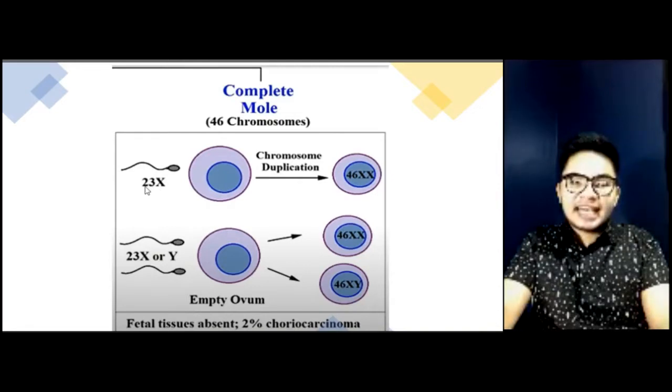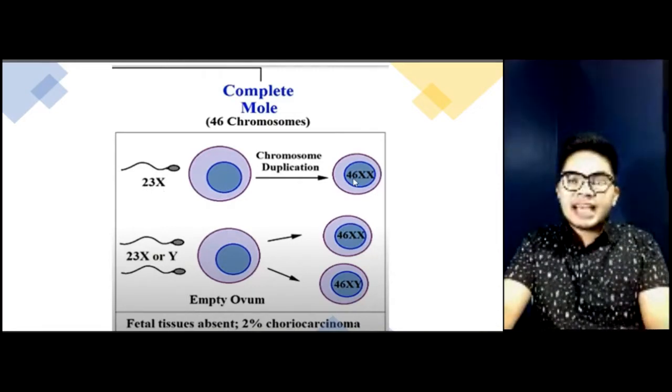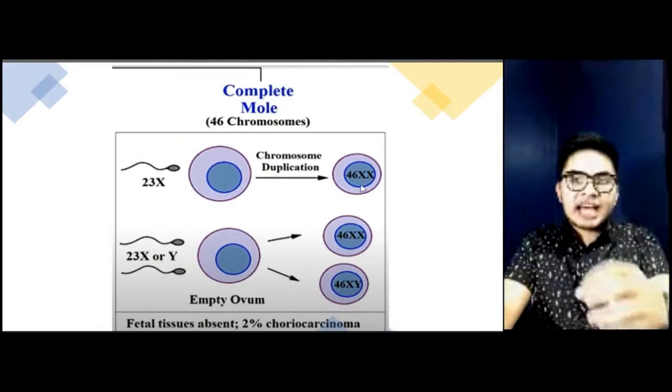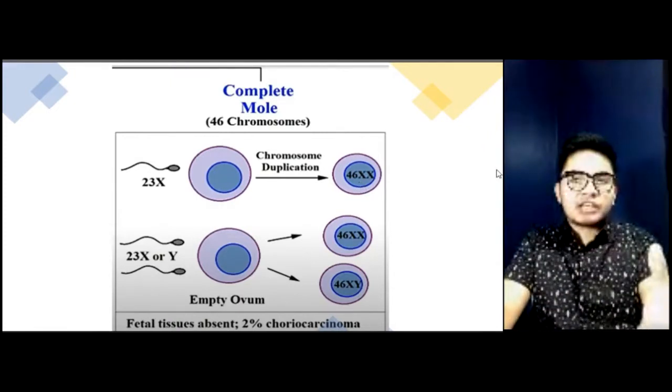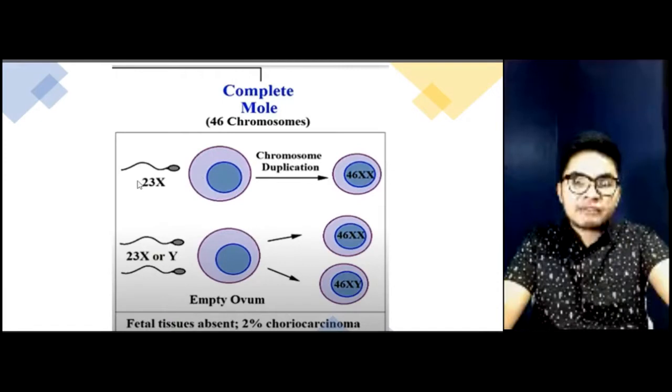So 23X times 2, that would be 46XX. Naging 46 nga, pero dinoble lang ang kanyang sarili, ang kanyang chromosome. It could either be 46XX or 46YY. It is because a sperm cell, as I have said earlier, could either be X or Y.